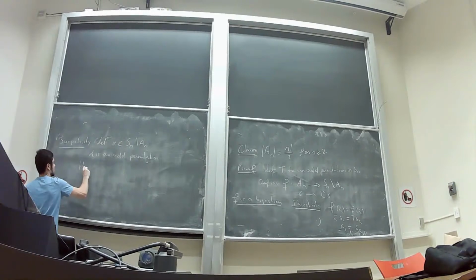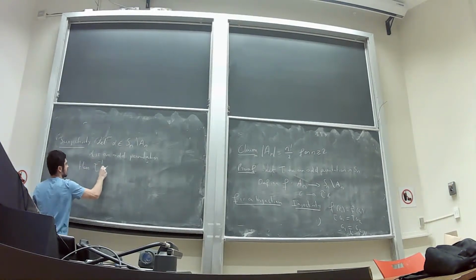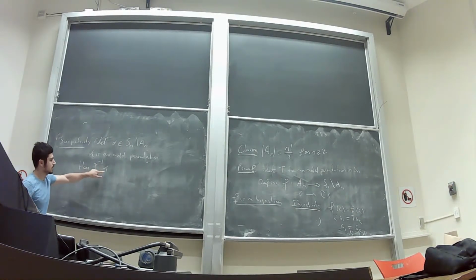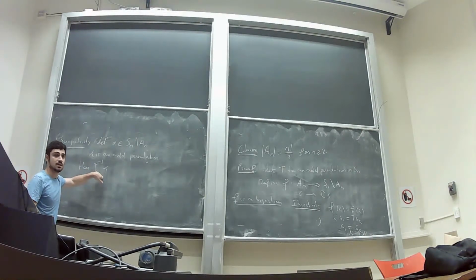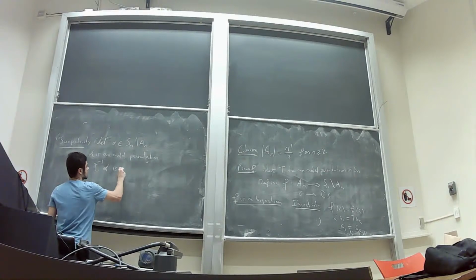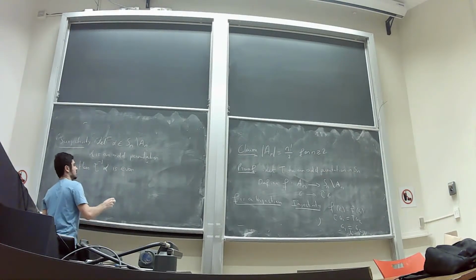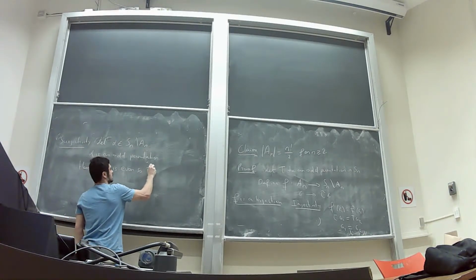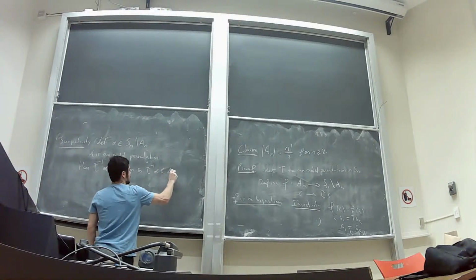Then tau inverse alpha: tau inverse is odd, alpha is odd. Odd times odd is minus 1 times minus 1, which is even, right? So tau inverse alpha belongs to An.